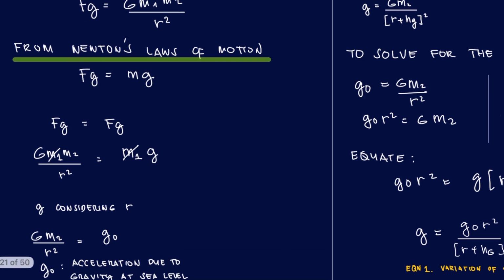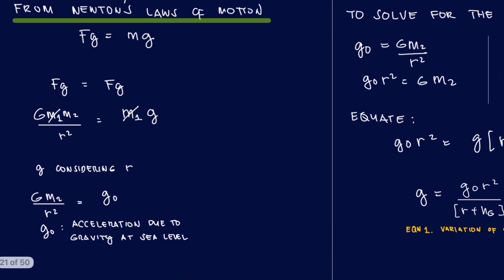Equating the two, the force of gravity and the force as mass times acceleration, we get an equation giving us the value of the acceleration due to gravity of a certain object at sea level, considering only the radius of the Earth.